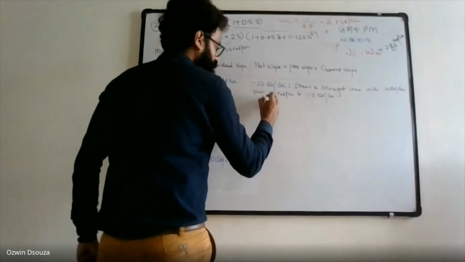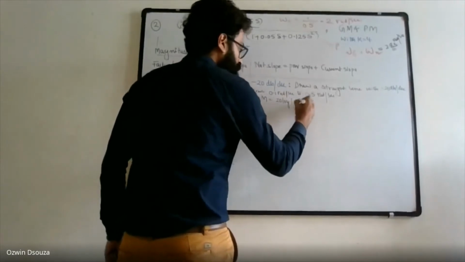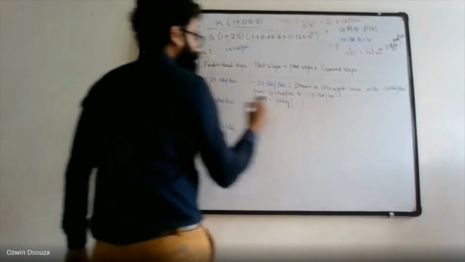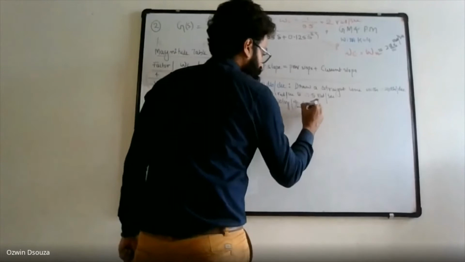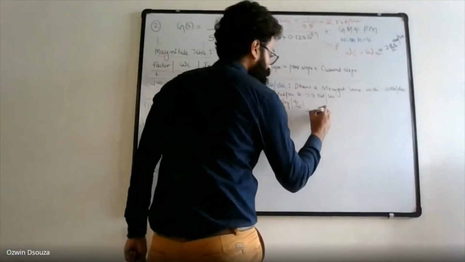But we haven't evaluated what is the magnitude of the Bode diagram at the starting frequency. So you can find out M. M is equal to 20 log mod of 4 by omega, and omega is 0.1.